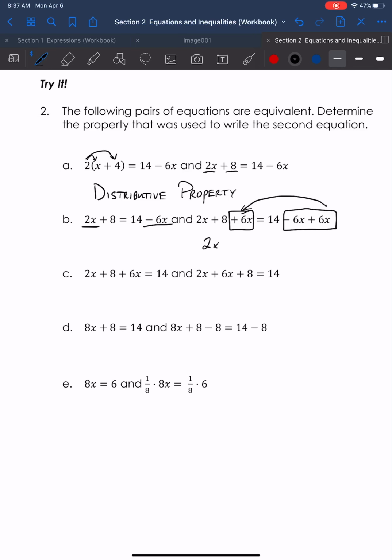So now they would have 2x plus 8 plus 6x equals 14. The x's are on the same side, and you're one step closer to solving for x. So again, this was the addition property of equality.